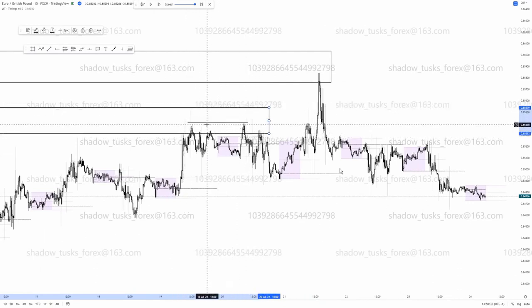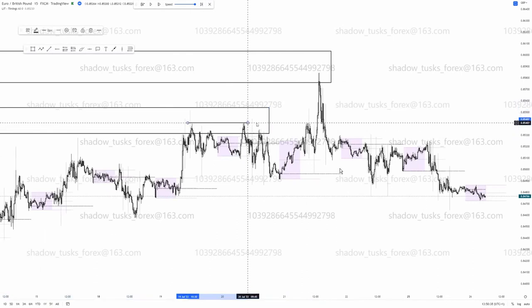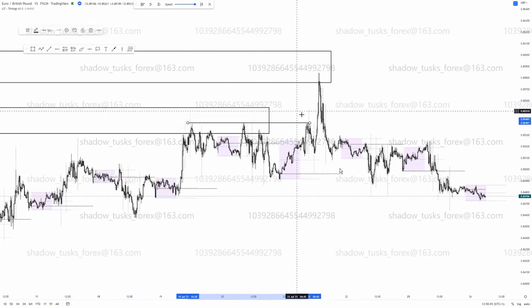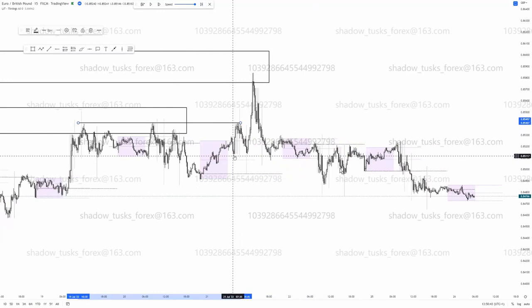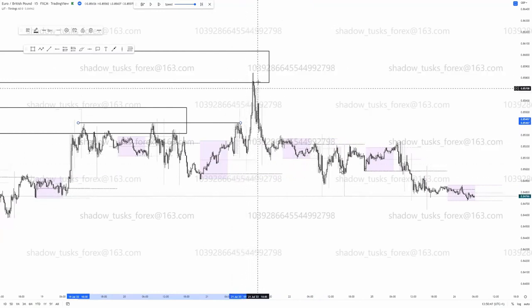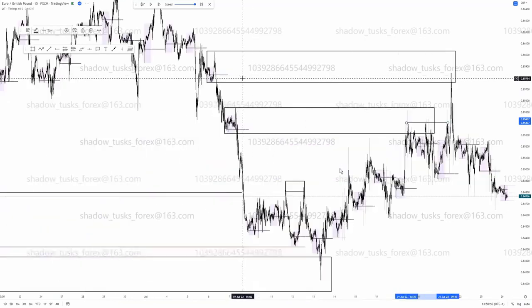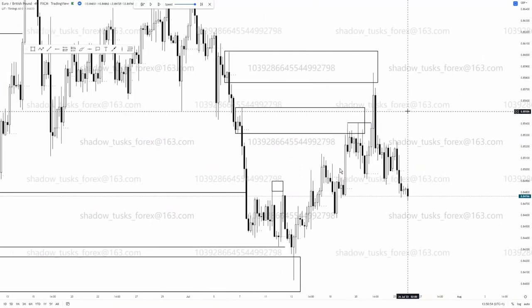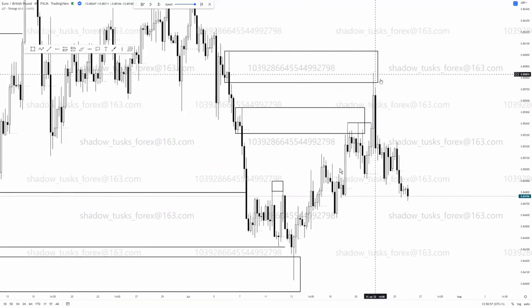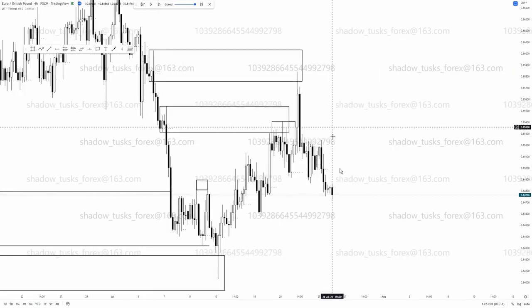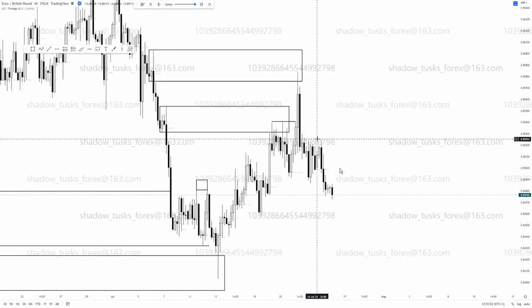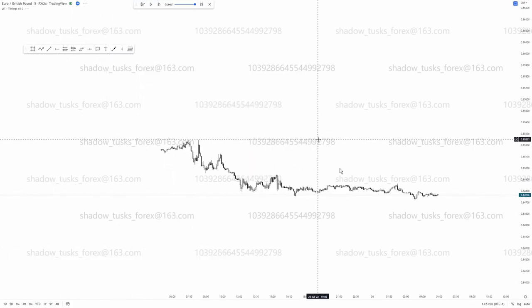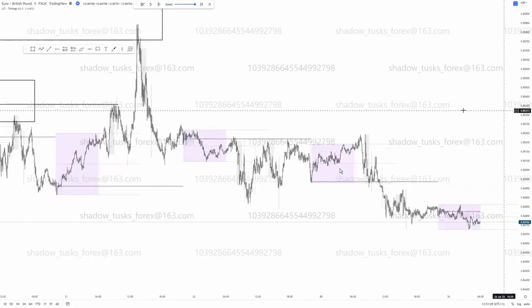Build the perfect equal highs, give a false reaction from there, vector down, come down, mitigate this inducement, trade up into the inducement and our 4-hour zone right here. From there, we can look at this. Okay, perfect. And then we're trading away. Lovely. And now we get to the day that we are currently on.